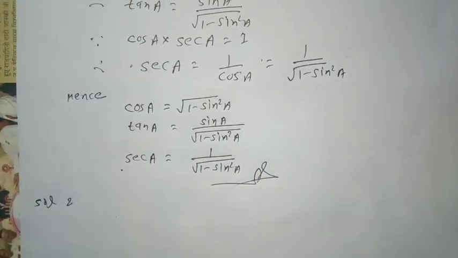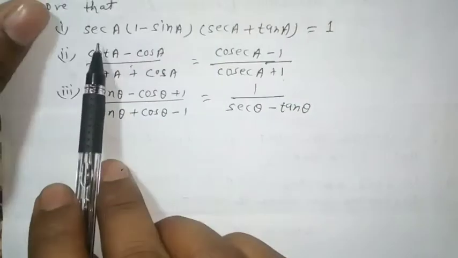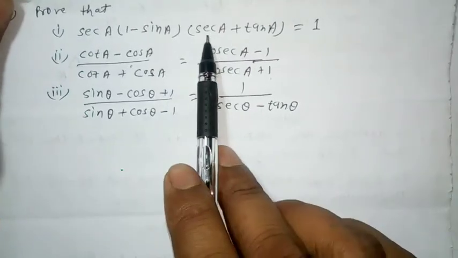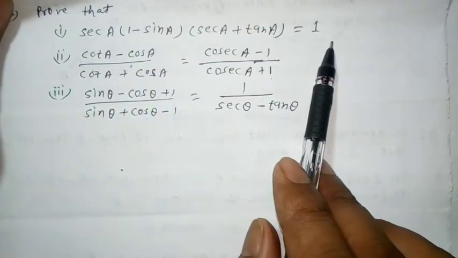The next, solution 2. Prove that (sec A into 1 minus sin A) into (sec A plus tan A) is equal to 1.